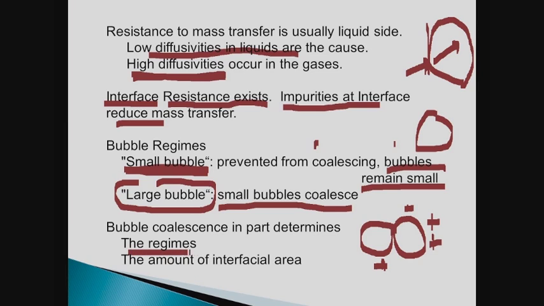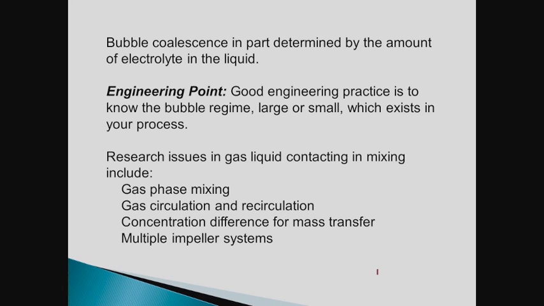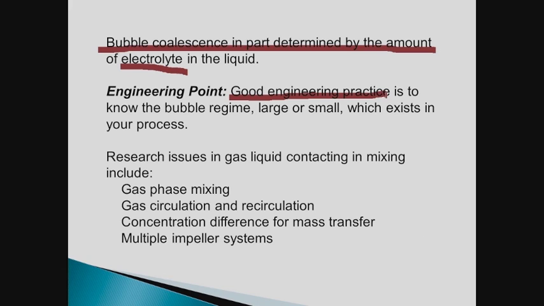You're particularly interested in the regimes and the amount of interfacial area. Bubble coalescence in part is determined by the amount of electrolyte in the liquid. Good engineering practice is to know the bubble regime you're in, whether it's small bubble or large bubble.